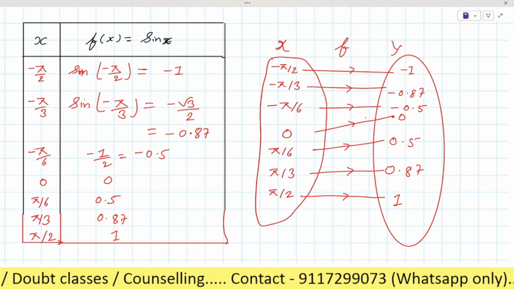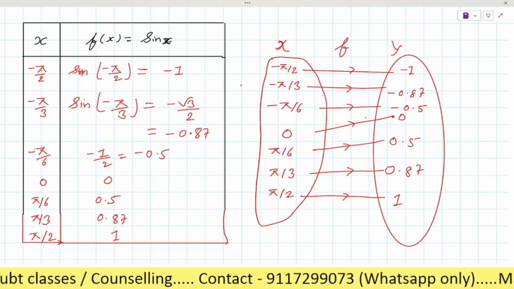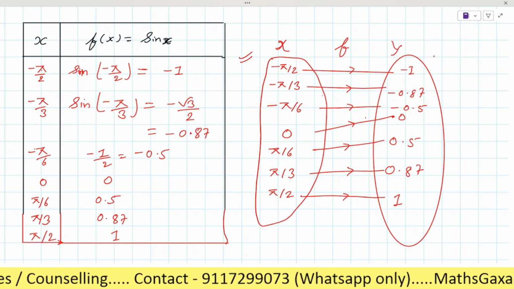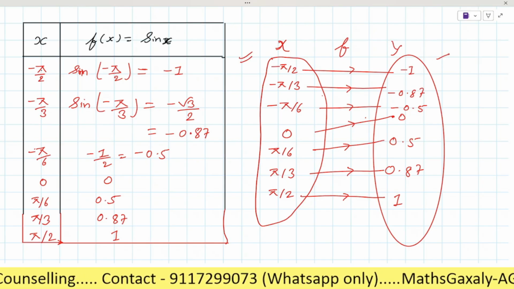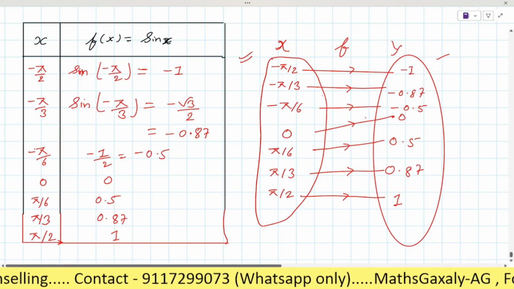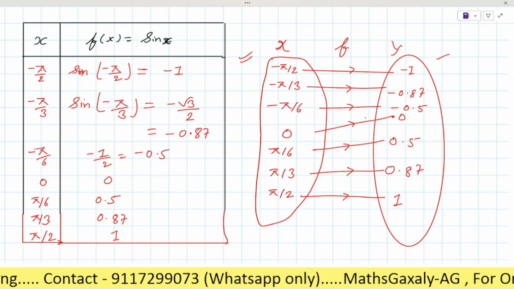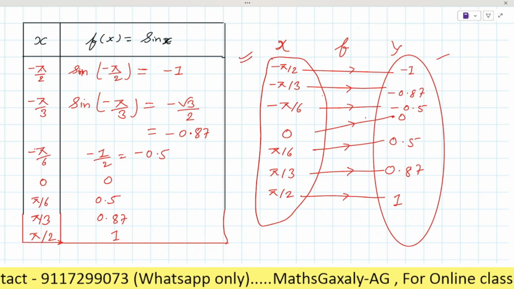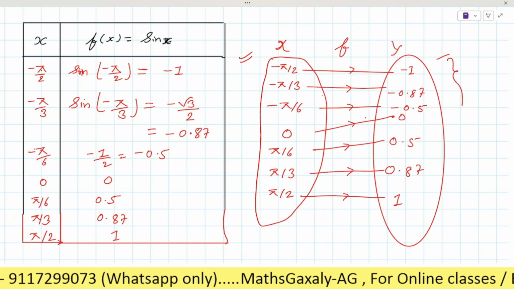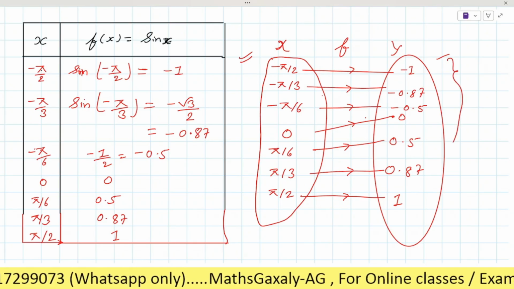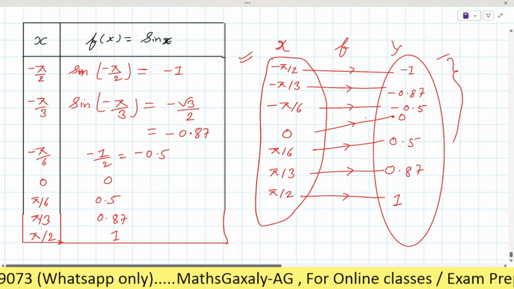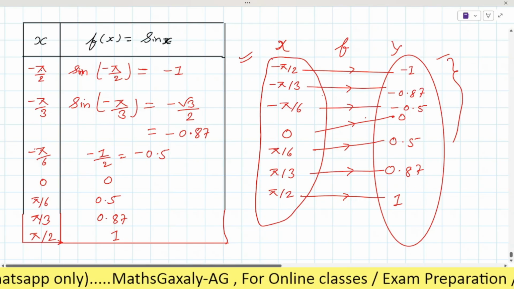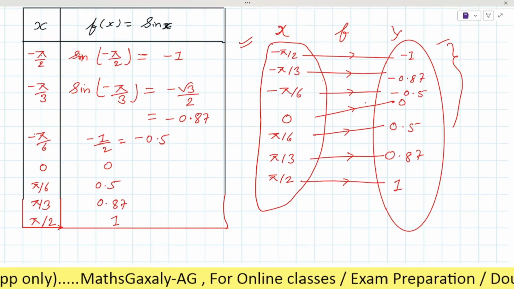Okay, so as you can see here, each element of X has an image in Y, right? So it has a unique image in set Y, so it will be a function, है ना? And as you can see, each element of set Y is a pre-image of an element of set X, right? So we can say that it is also an onto function.